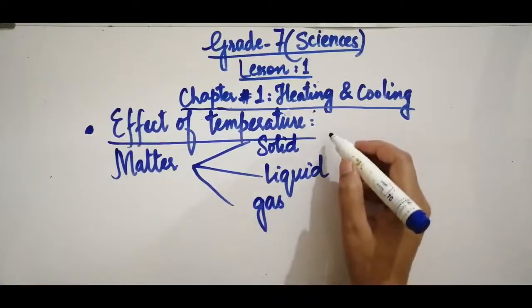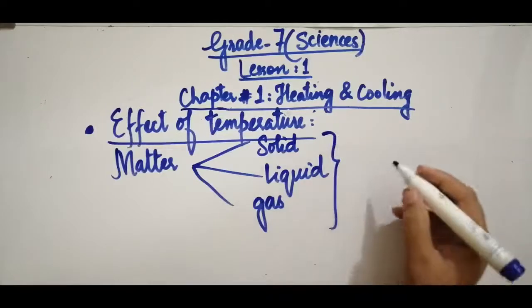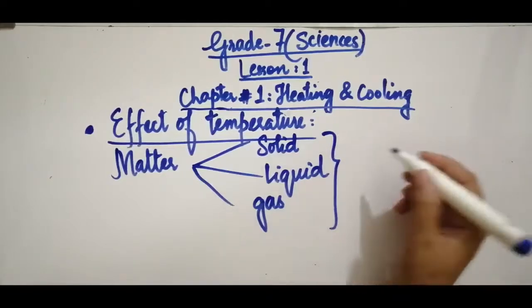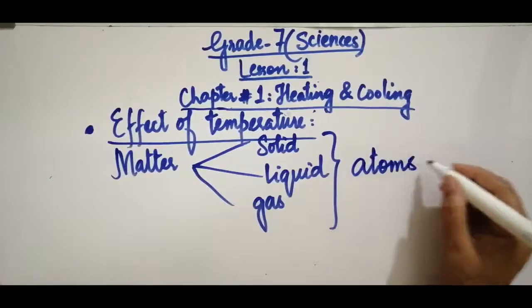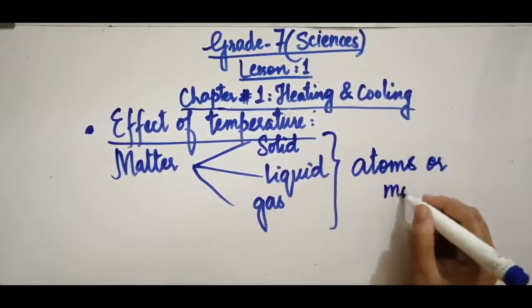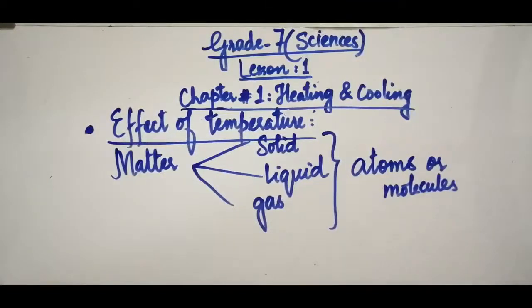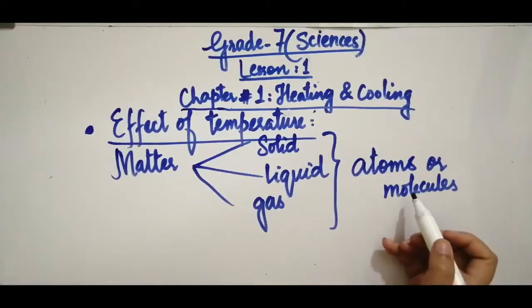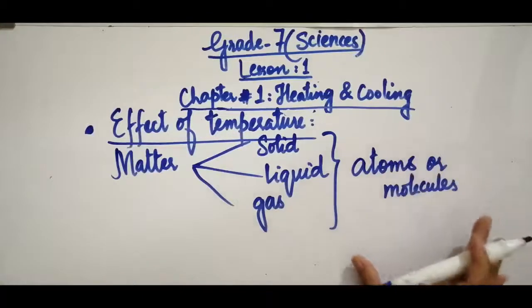And these substances or matter are in turn made up of small or tiny particles, and these particles are called atoms or molecules. These particles are moving about all the time.